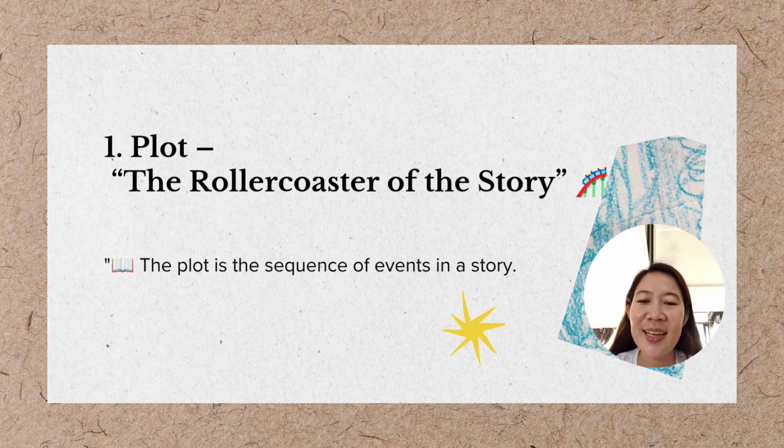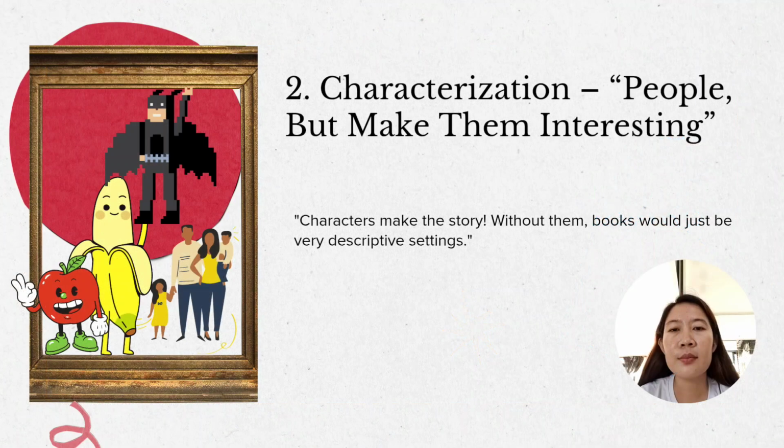For example, in The Lion King, Simba's journey from exile to kinghood follows this structure. So next time someone says your life is boring, just tell them you're in the exposition phase.